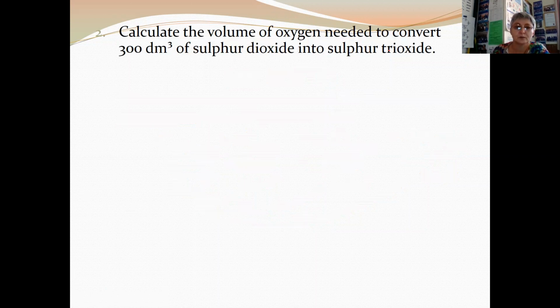The next example asks us to calculate the volume of oxygen needed to convert 300 cubic decimeters of sulfur dioxide into sulfur trioxide. So we've got sulfur dioxide gas reacting with oxygen gas, and it forms sulfur trioxide gas.